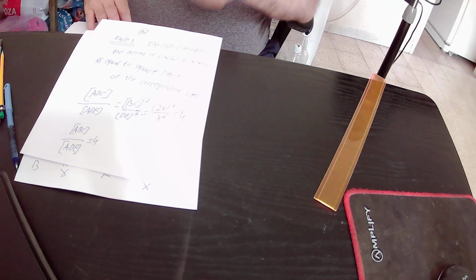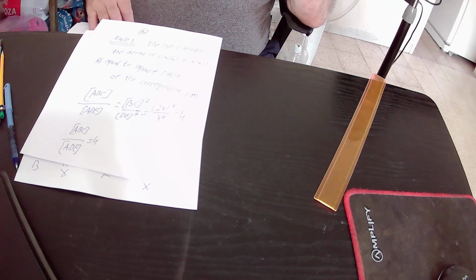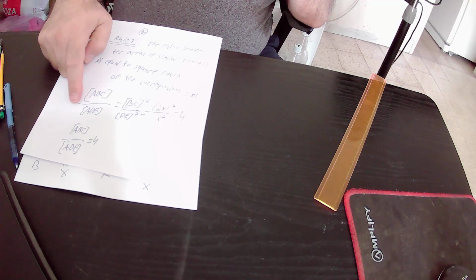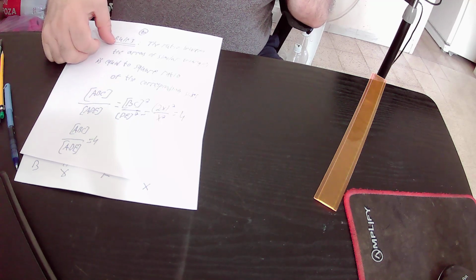According to rule number 3, the ratio between the areas of similar triangles is equal to the square of the ratio of the corresponding sides.